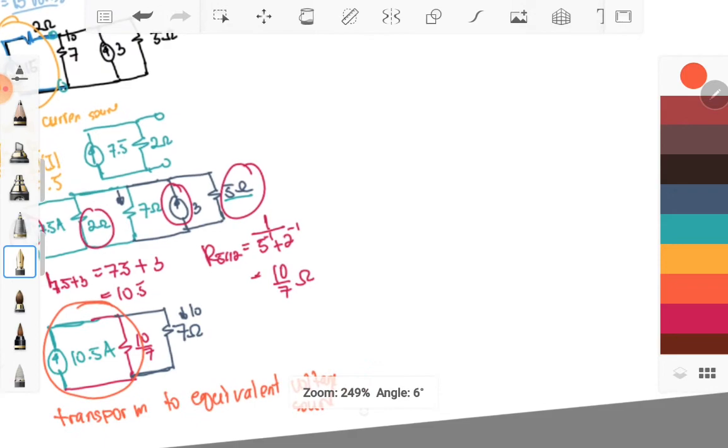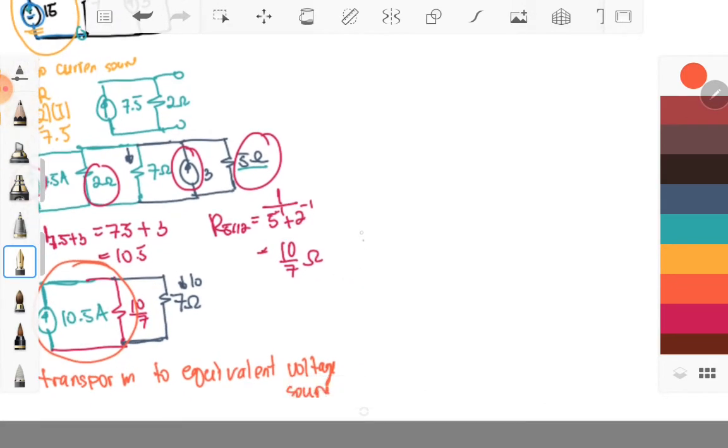So we will have a transformation equal to V is equal to IR, wherein our I is equal to 10.5 ampere multiplied by our R is equal to 10/7. Therefore our V is equal to 10.5 multiplied by 10/7. It is equal to 15 volts. Okay, that is our V.